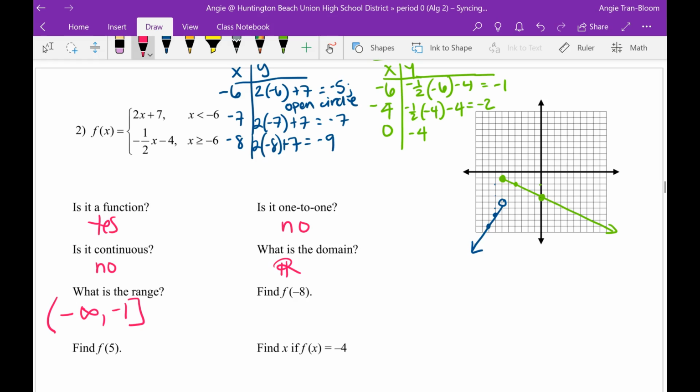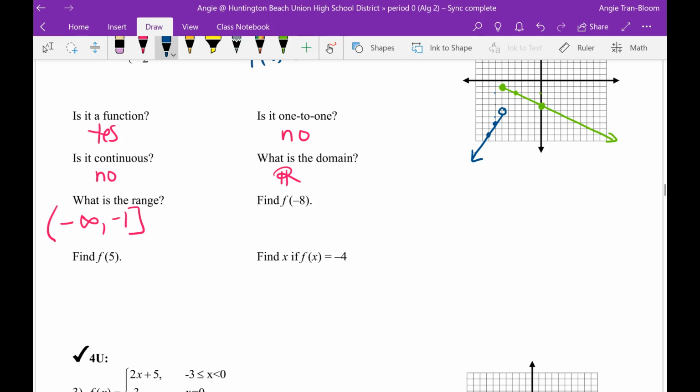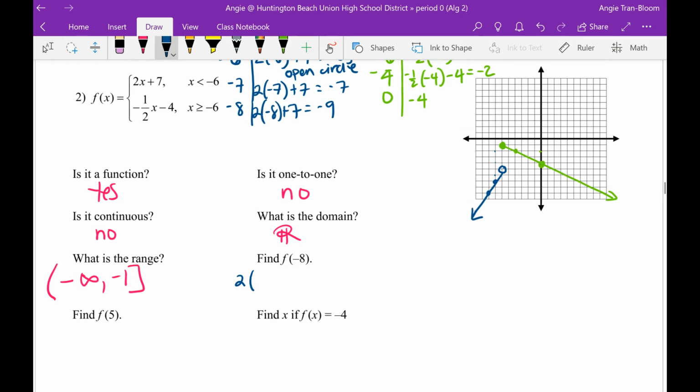Okay, let's evaluate. Find f of -8. You have to determine which piece contains -8 for x. Which piece? First or second? First. Okay, then we're going to go to first and plug in -8 for x. My first piece, I was using blue, so I'll keep it consistent with blue. So first piece was 2 times -8 plus 7.